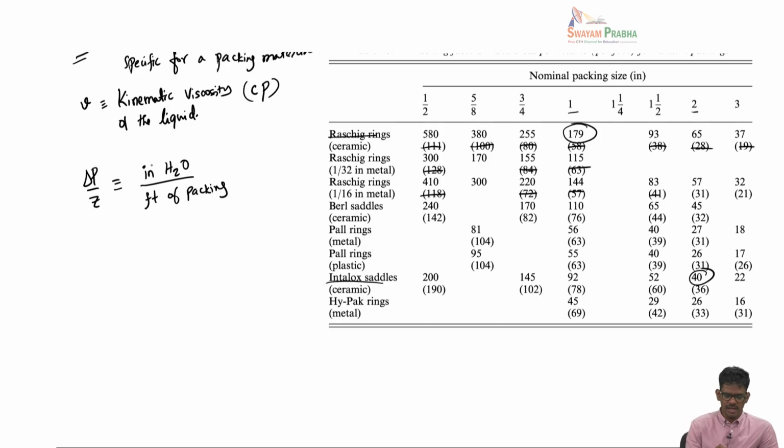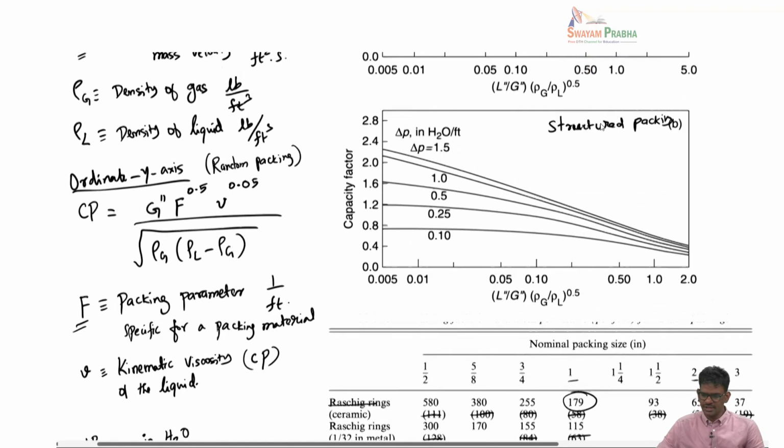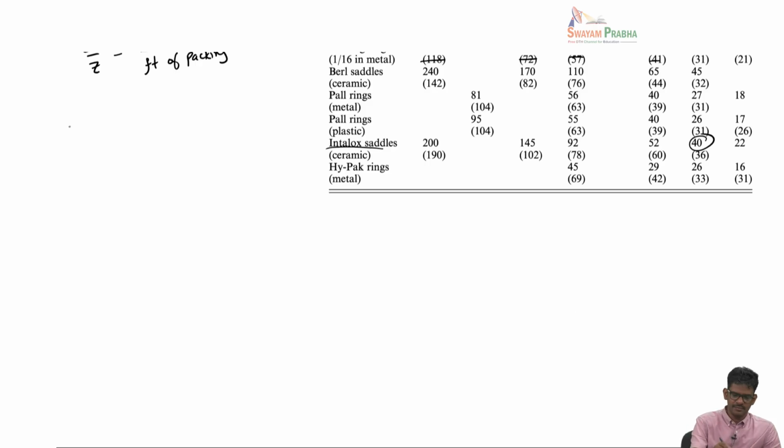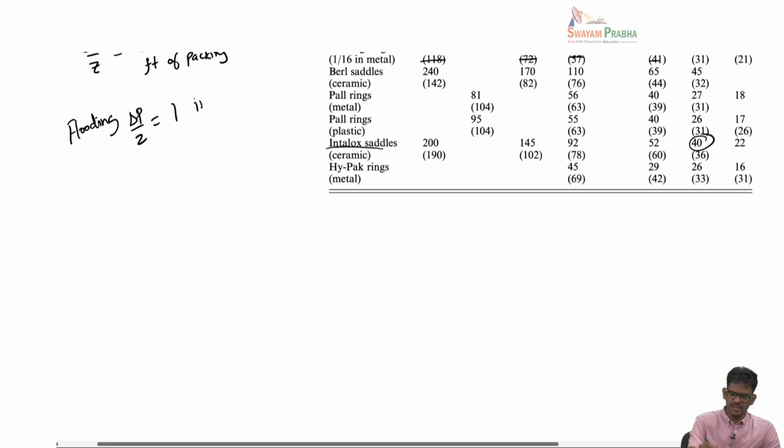If you see this, each of these constant pressure drop lines are in this unit, inches of H2O per unit foot of packing, and you can see it starts from 1.5, 1 and so on. Experimental observations suggest that whenever this delta P by Z is 1 inch of water per foot, that's where flooding happens. So the flooding pressure drop is 1 inch of H2O over 1 foot of packing.